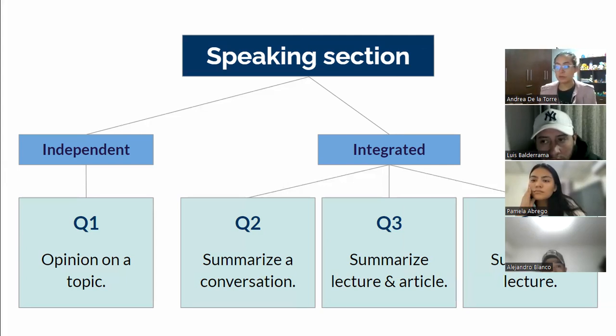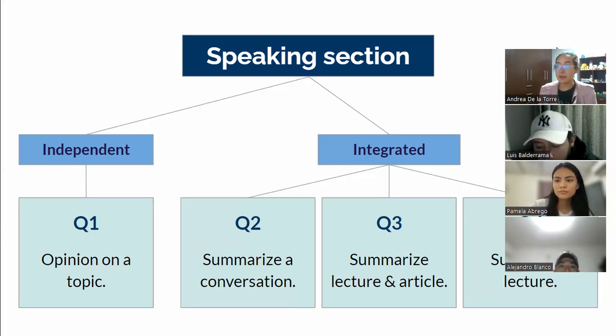For the integrated questions, that means question 2, 3, and 4, you are going to summarize something that they give you. They will give you a text to read, they will make you hear an audio file, and you have to summarize that. But in the independent questions, they won't give you anything, and you just have to talk about yourself, about your opinion on something. So that is the difference between independent and integrated, okay?